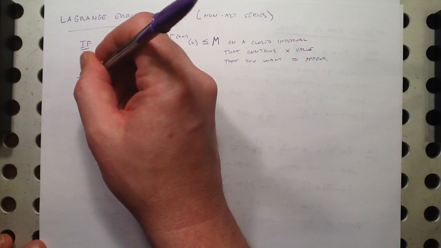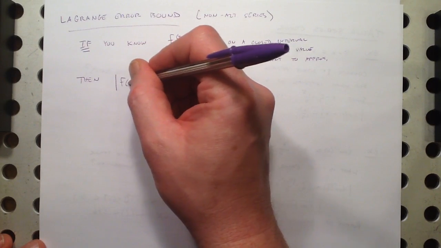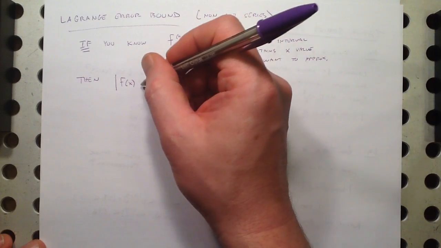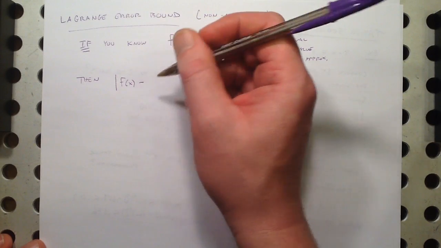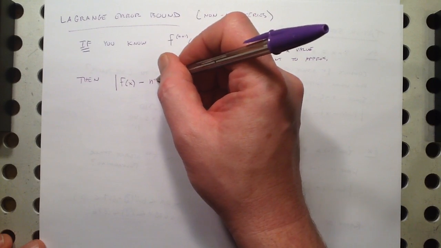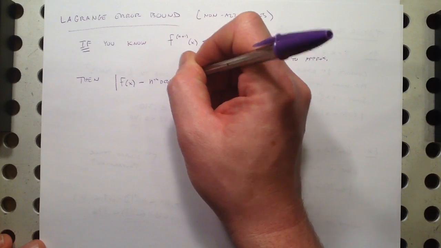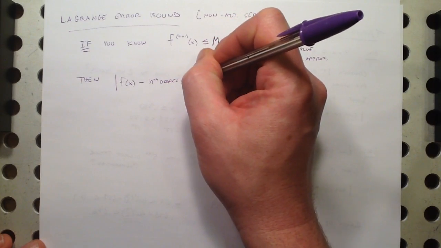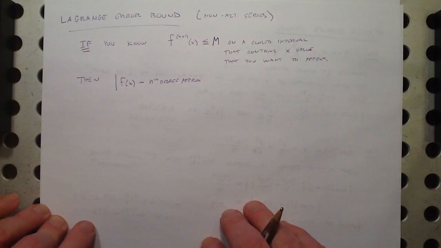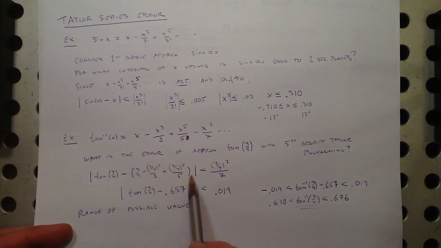Then the difference between the function and the nth degree approximation, whatever that happens to be. So that, for example, in the tangent inverse problem we just did, the nth degree approximation was this, right?